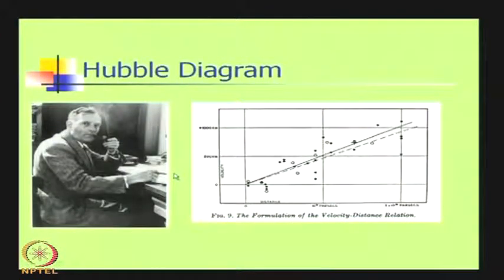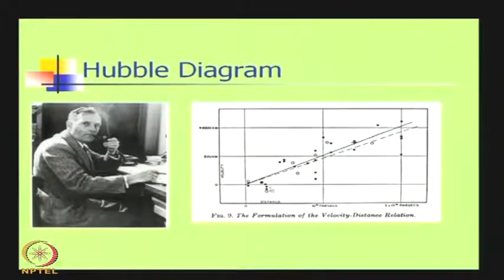So, this is what Hubble had done to start with. Hubble had measured distances to galaxies using Cepheid variables, and he had measured the redshift from the spectra. This is a picture of Edwin Hubble, and he had measured these two quantities, and he found that they have a linear dependence, a straight line. Hubble's observations unfortunately were based on very low redshift.